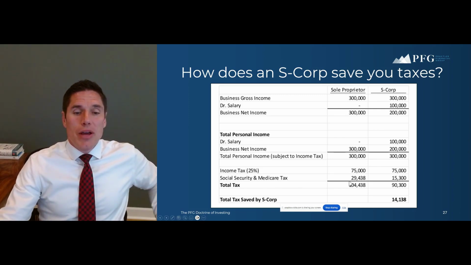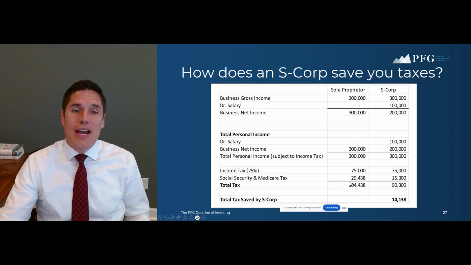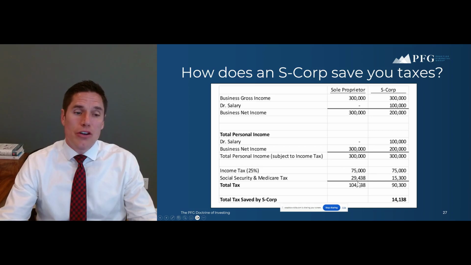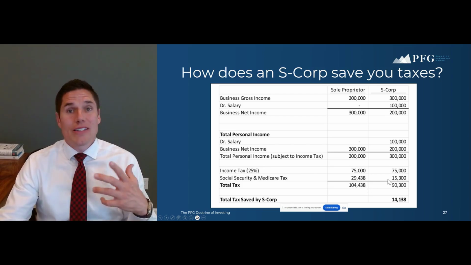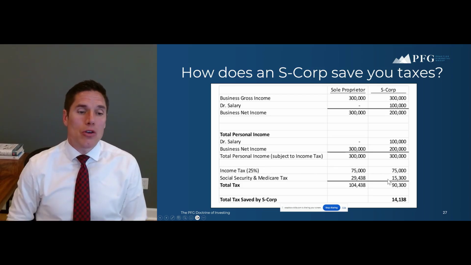This doctor is going to pay the Social Security and Medicare tax on the full $300,000 of income, and is going to have a Social Security and Medicare tax bill of $29,438. And so the total taxes paid is $104,438.